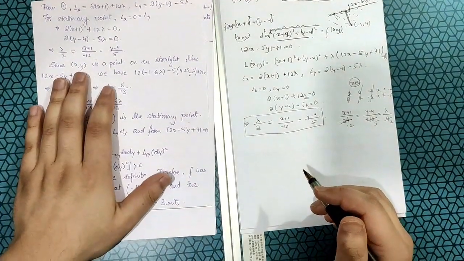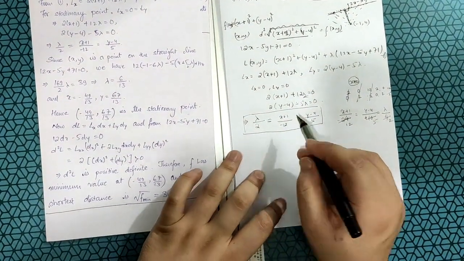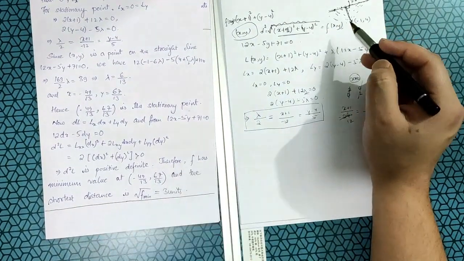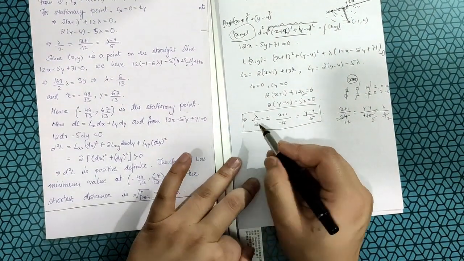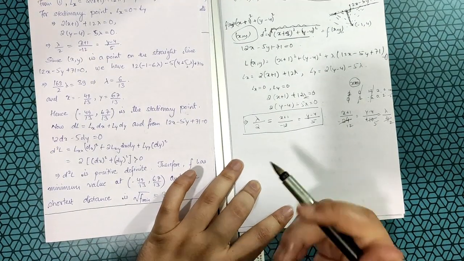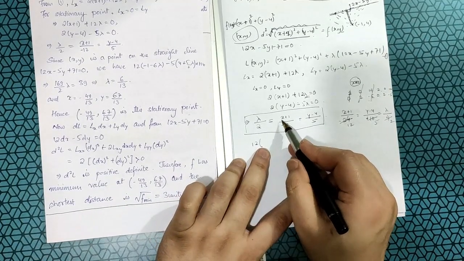So now, since x, y is a point on the straight line, obviously this x and y we had taken to be a point on the line, right? So we must have that, it must be a value there, right? So we put it there, so we'll get 12, and let's see.